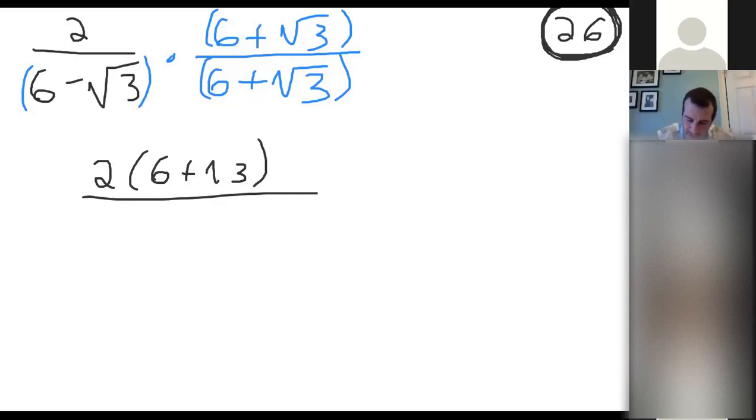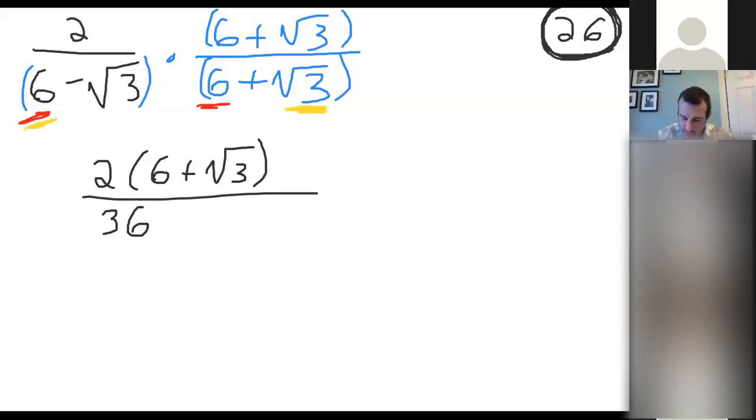In the denominator, we actually have to FOIL this out. See how it's a binomial and a binomial? So we're going to FOIL it. What's the F stand for? First. First two. So that's this one and this one. So that's going to give me 36. Then the outer two.